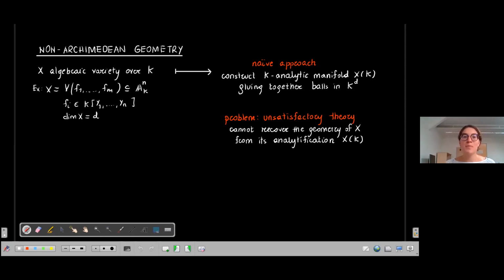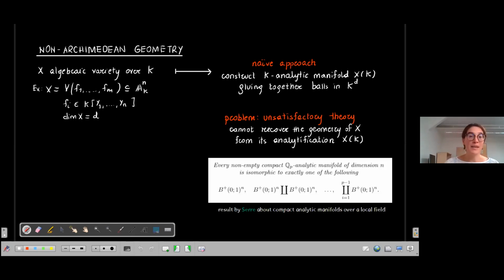And an extreme illustration of what kind of phenomena can happen is the following result by Serre. Serre studied compact analytic manifolds defined in this way. He studied them over a local field. So think of, for instance, Q_p as an example of a local field.